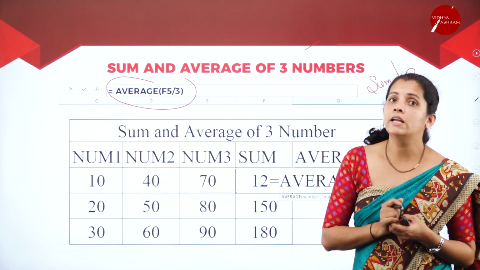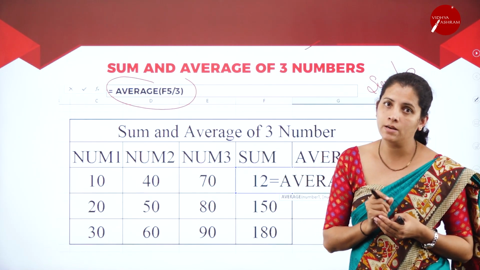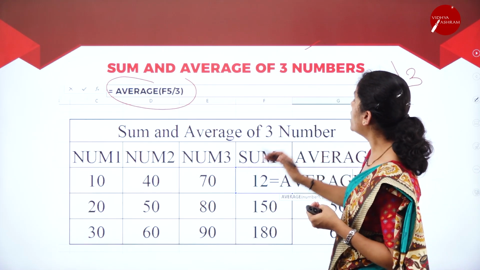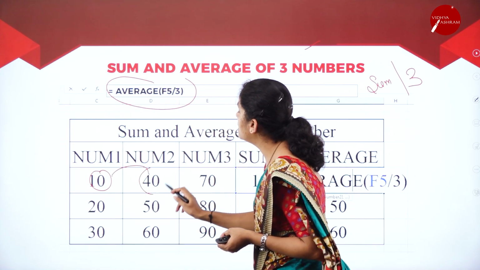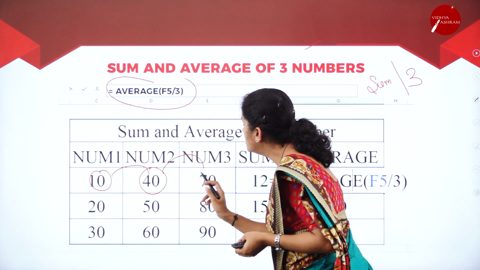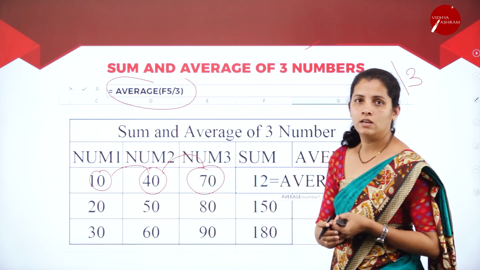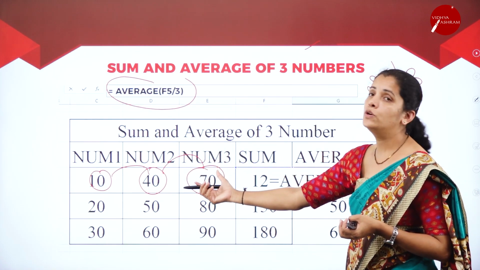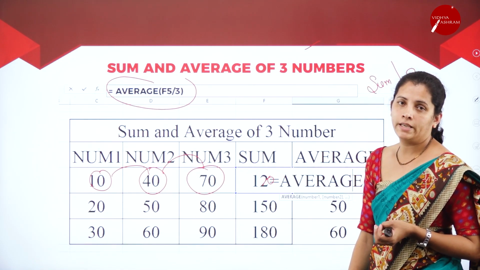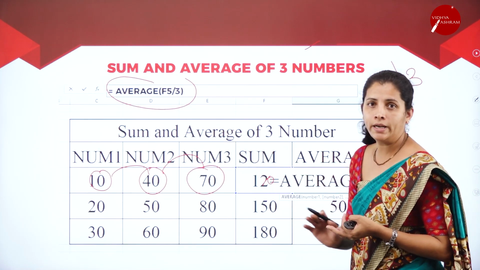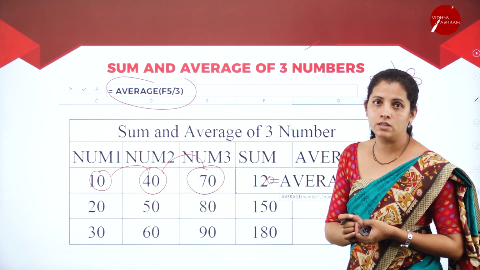Dear student, tell me how to find the sum. To find the sum, I'm going to add this number with this number, and I'm going to add this number with this number. So what is the value I'm going to get? That is 120. So I want to get 120. So this is the general procedure.